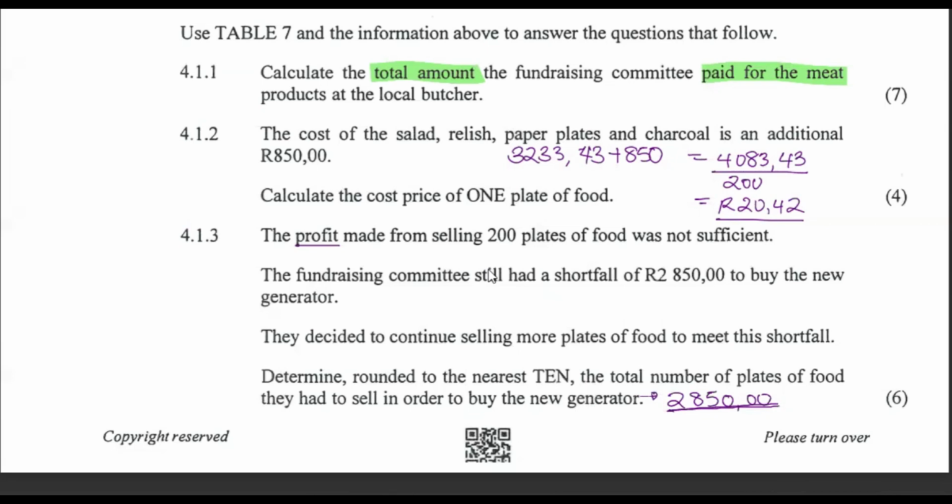So the money that we are missing divided by the profit per plate.